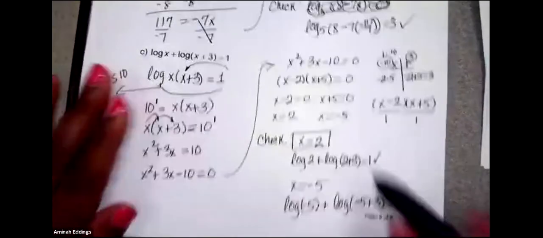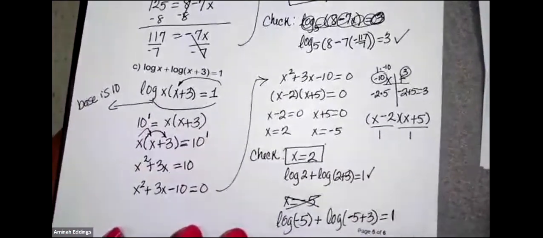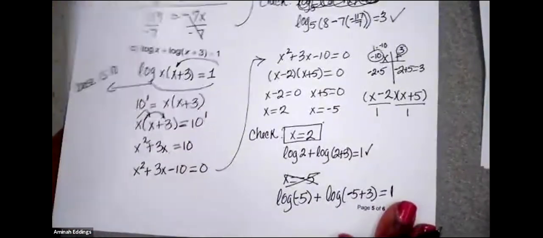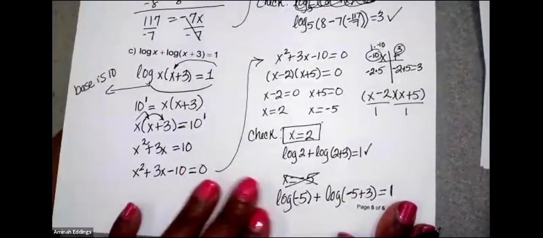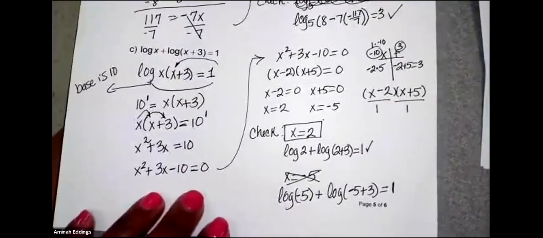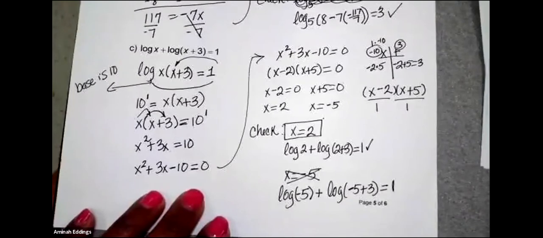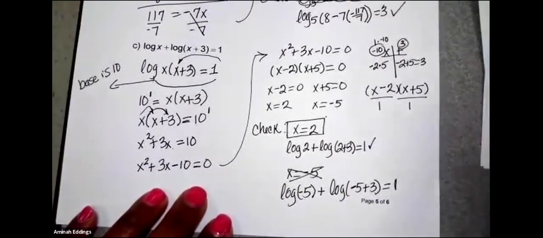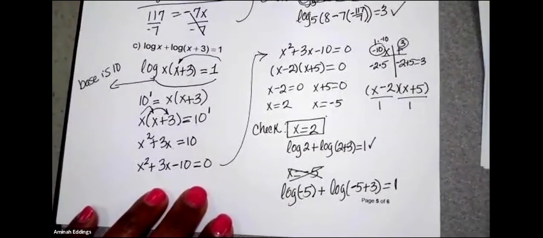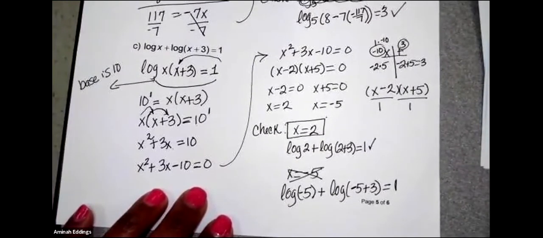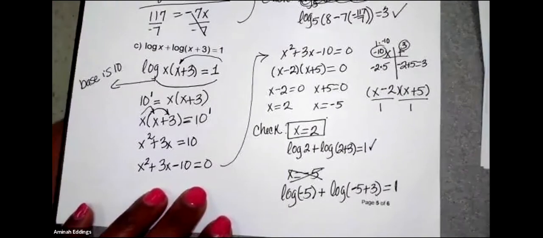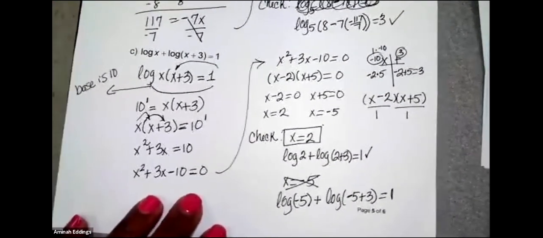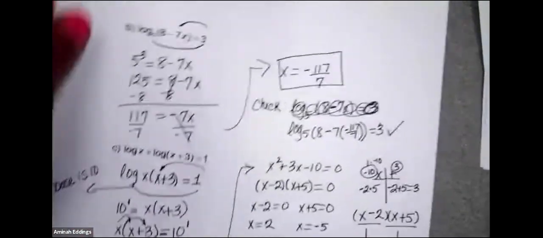So that means that x equals negative 5 cannot be a solution. So our only solution here is x equals 2. Okay, any questions on that one? Okay. All right, 2 more.